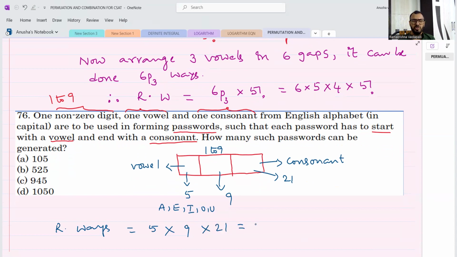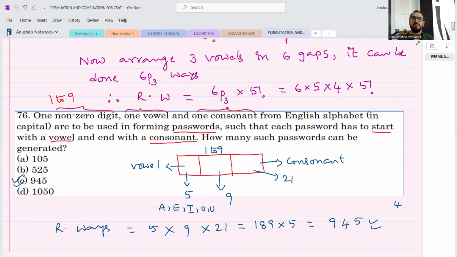That's equal to 189 into 5, that's equal to 945. So option C is correct. Once you understand the question, without permutation formulas, we can solve it just by using the box method.